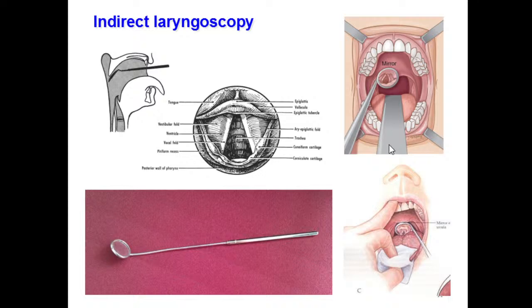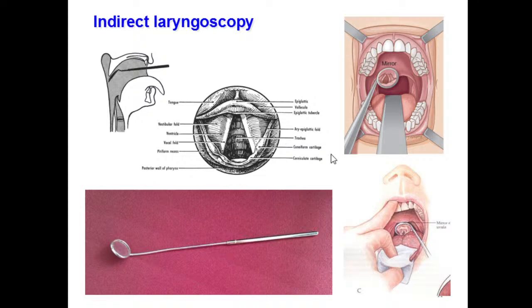Then we direct the source of light onto this mirror. This light is reflected downwards and then returns to this mirror, so we can see the structures of the larynx. Why is it called indirect laryngoscopy? Because we receive a reflected image, not a direct image, but reflected.